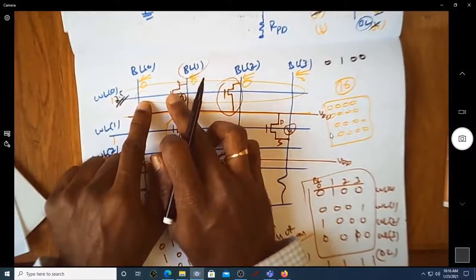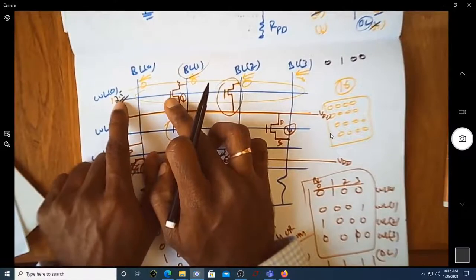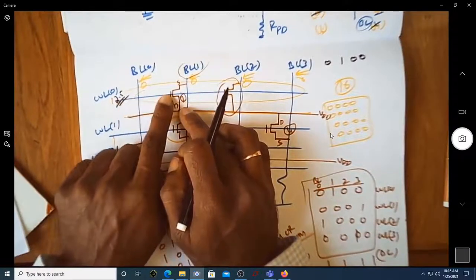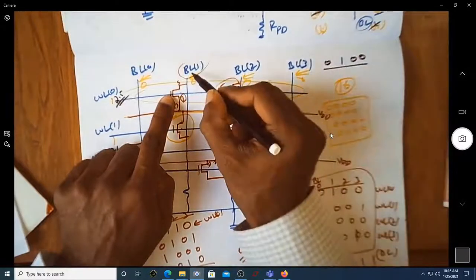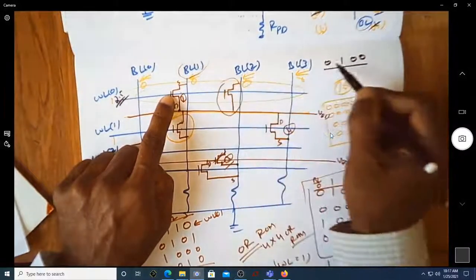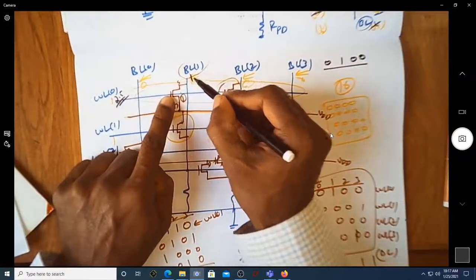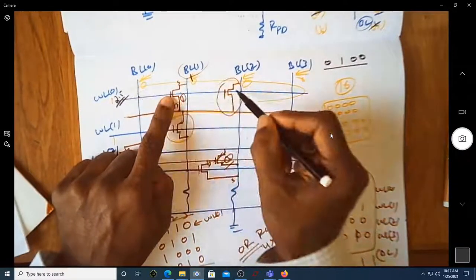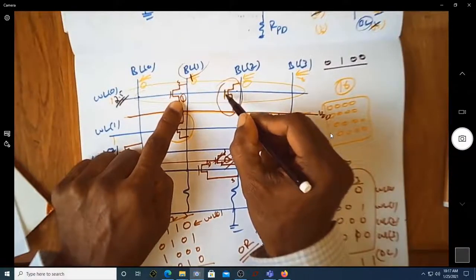Since it's a normal transistor, the threshold voltage is 0.5, and the applied voltage is more than 0.5. Now it is 2.5, so the transistor is on, and bit line 1 for this word line 0 will be read as 1. Maybe for this also it will be 1, because you have one more transistor here.